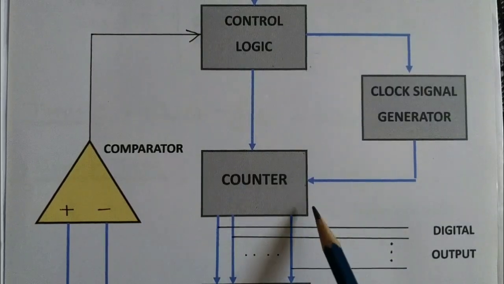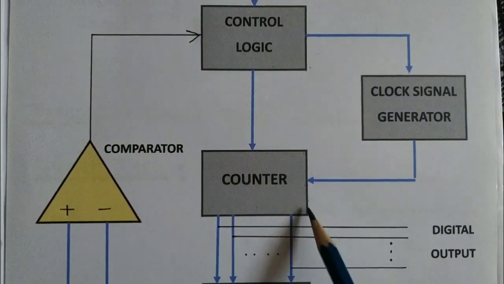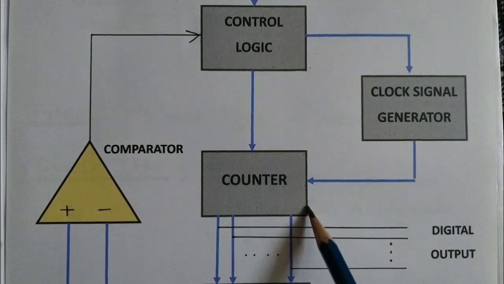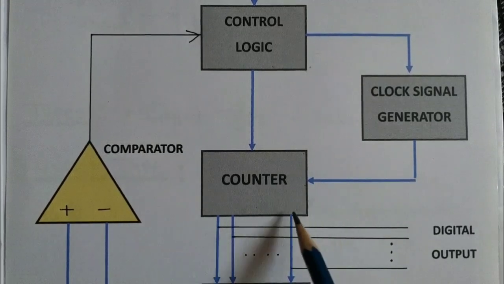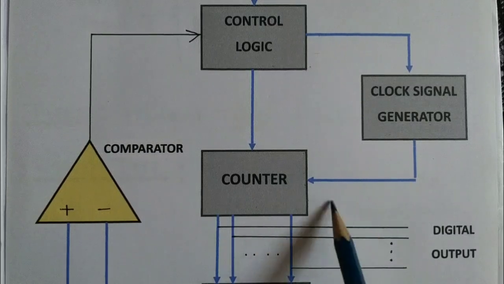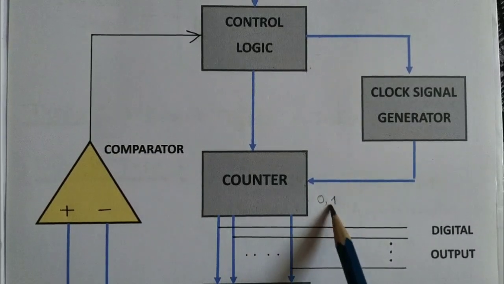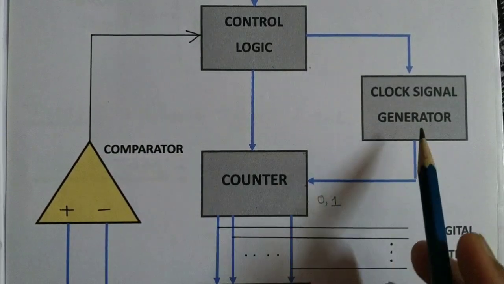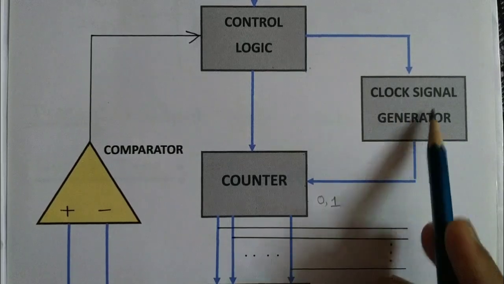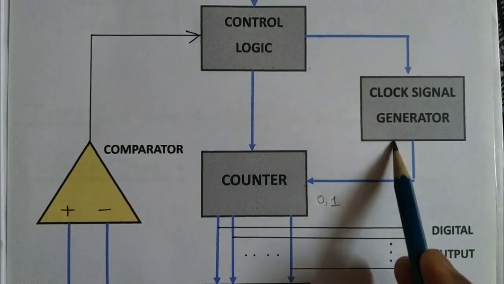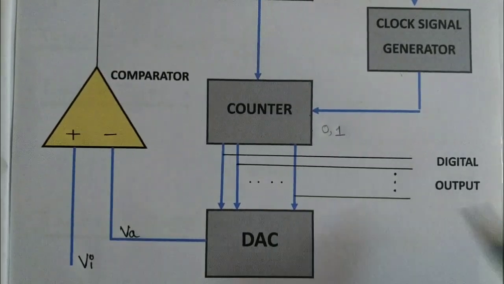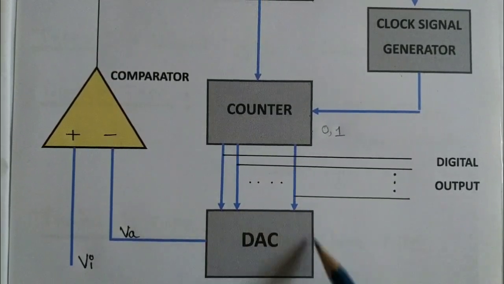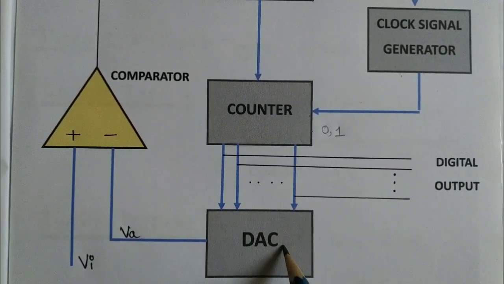Then comes the second block, counter. The value of counter gets incremented by 1 for every clock pulse, and its value will be in binary format, means 0 and 1. It gets the clock pulse from clock signal generator, so it is also a very important part. The output of counter is directly fed back to the DAC, means digital to analog converter.